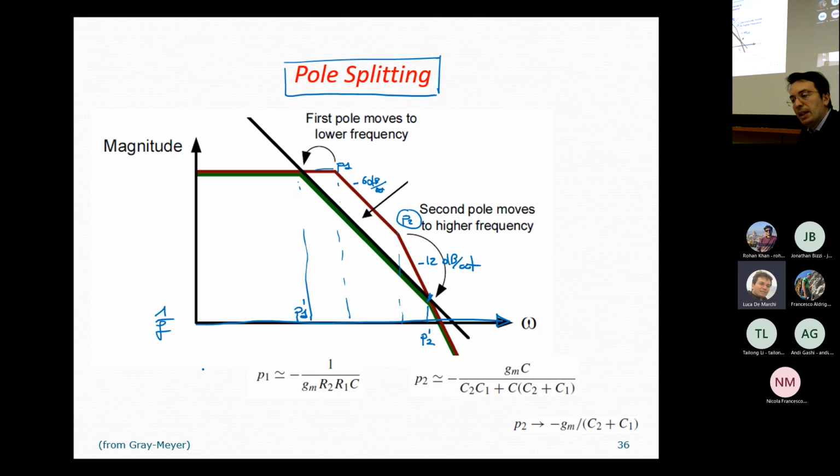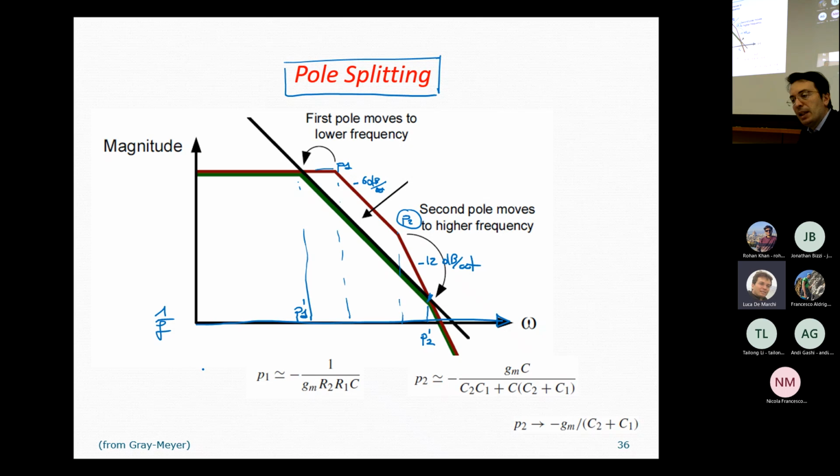P2, as you may remember, is equal to minus GM6 over C1 plus C2, that is the parasitic effects associated to the first stage, plus parasitic effects and load capacitance associated to the second stage. Since the loading capacitance is typically much larger than all the other parasitic effects, we can say that P2 is more or less set by the value of GM6 divided by the loading capacitance.